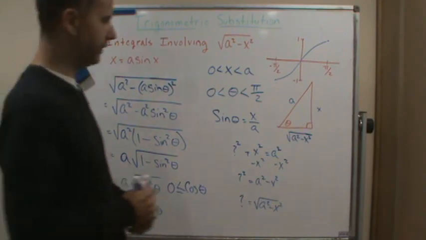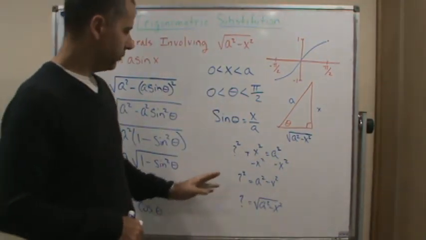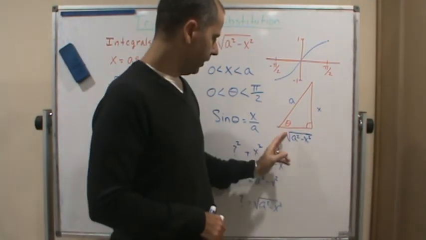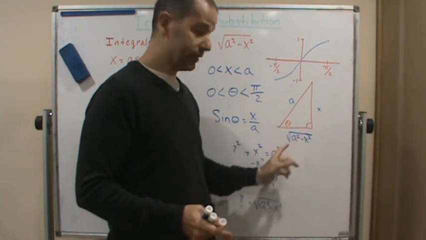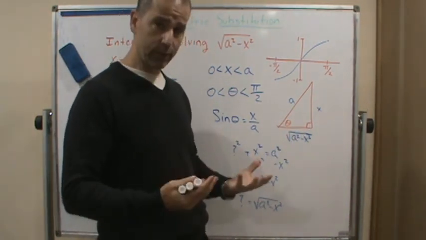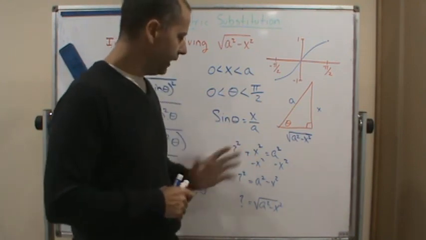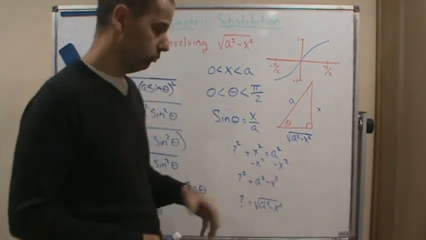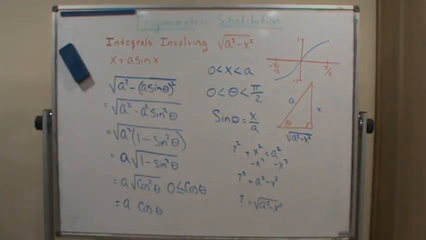So with this triangle that we just set up, we've got a way of relating all of the different trig functions in terms of x. Now, if theta appears alone, which could happen, then we would use inverse functions.